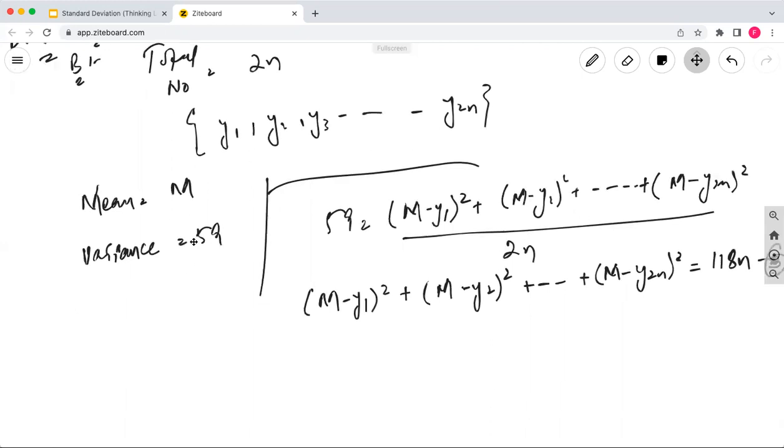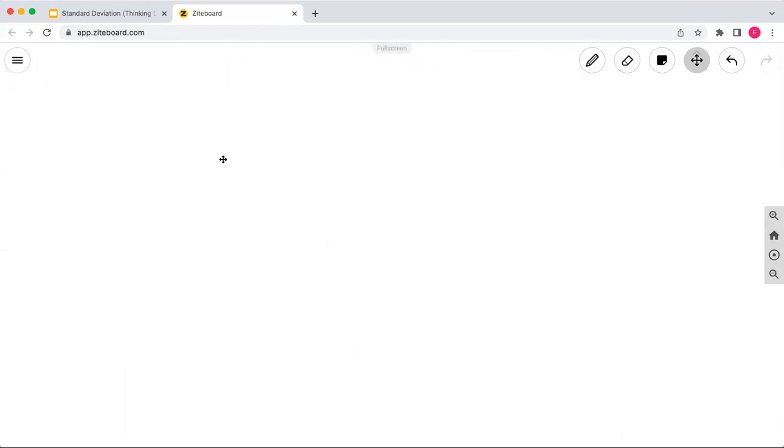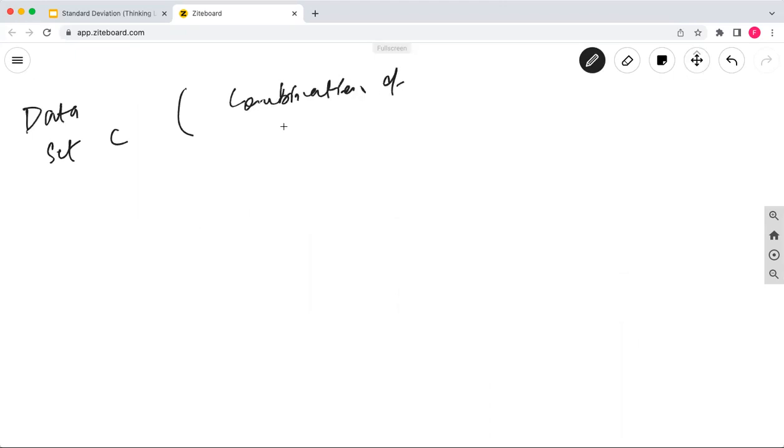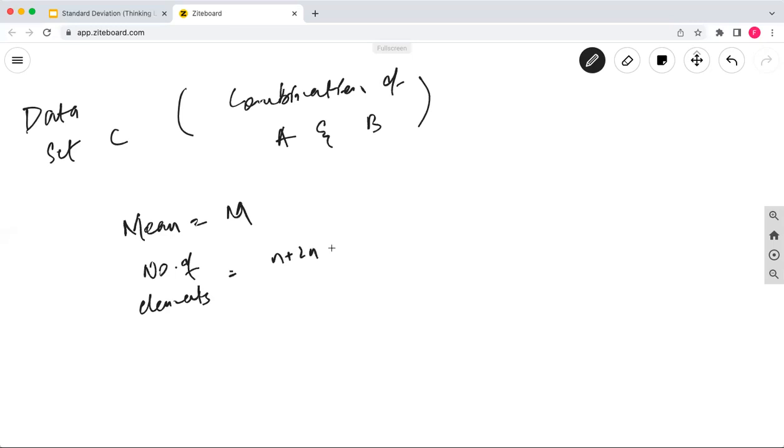So if we combine data set A and data set B, and for example, I call that data set C, which is the combination of data sets A and B, now the mean is M, the number of elements is n plus 2n, which is 3n, and we need to find the variance.